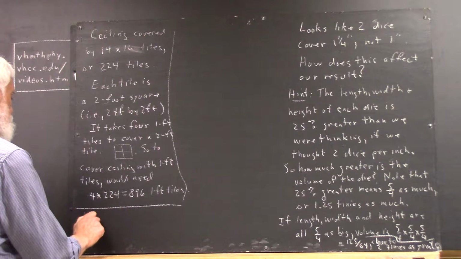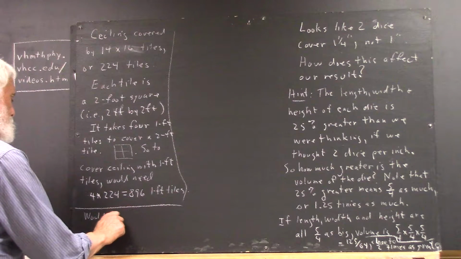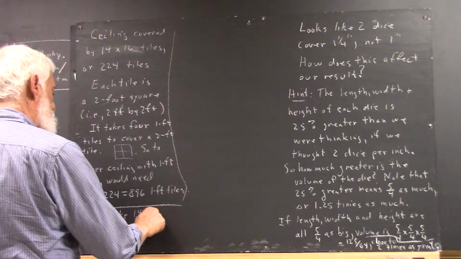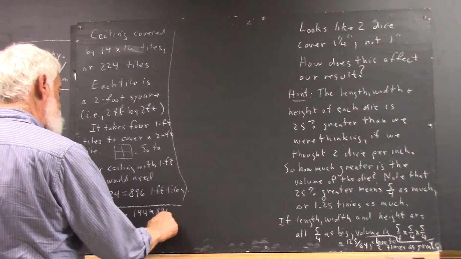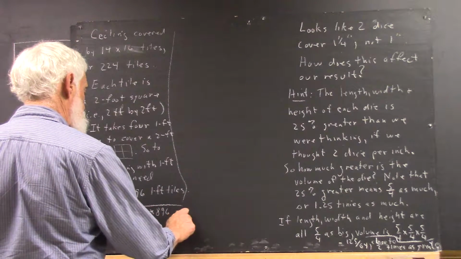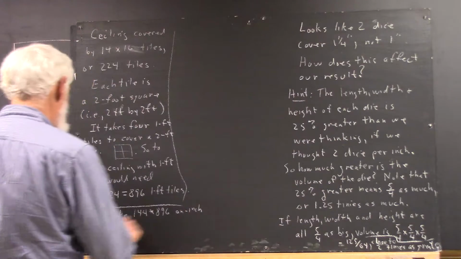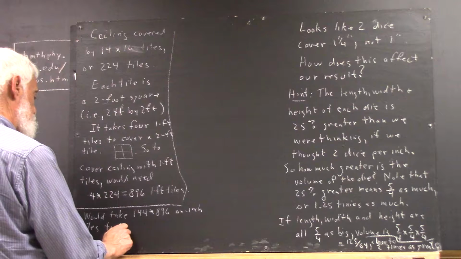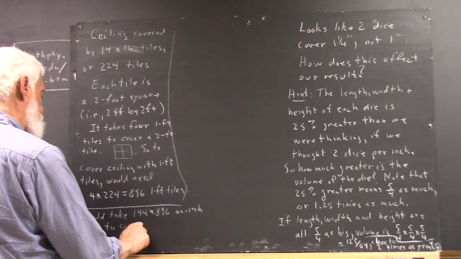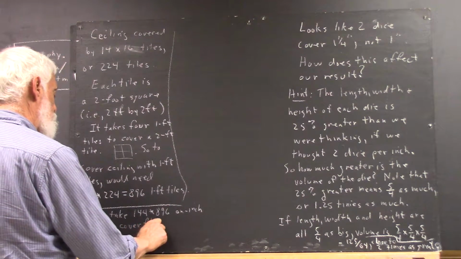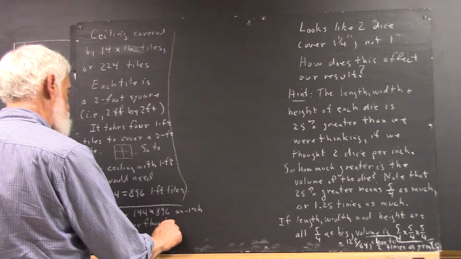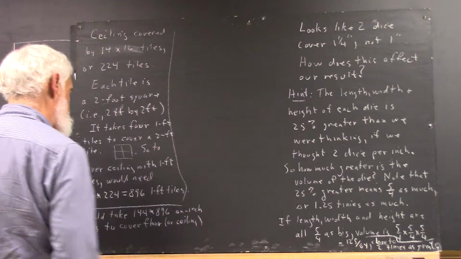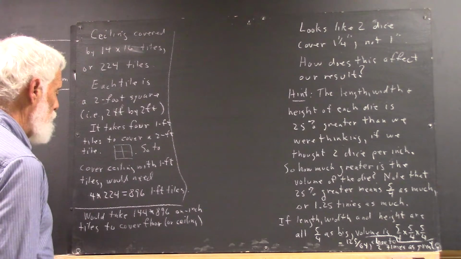I can say that it would take 144 times 896 1-inch tiles to cover either the floor or the ceiling, which have the same dimension. Okay? And what is that?